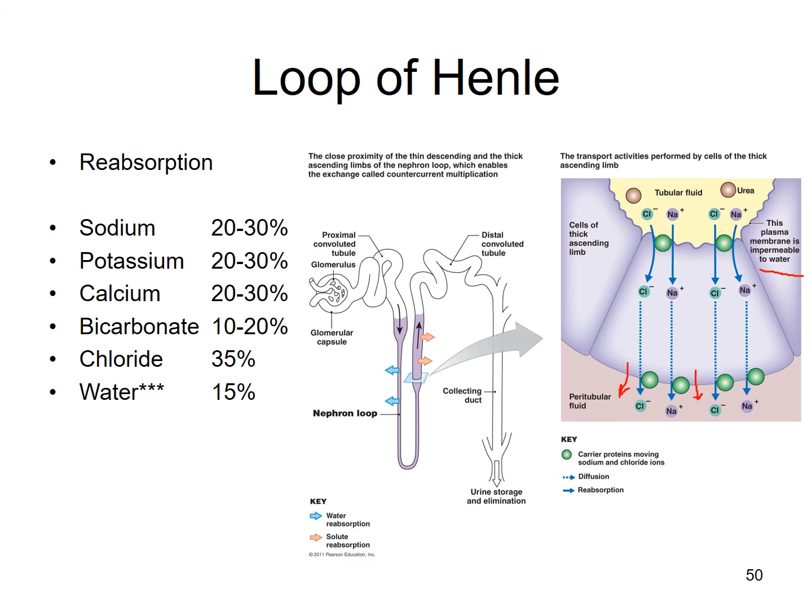And this is going to set up a concentration gradient which will bring chlorine and sodium in through the apical membrane here. So again, your basolateral membrane is going to be driving what happens at the apical membrane.